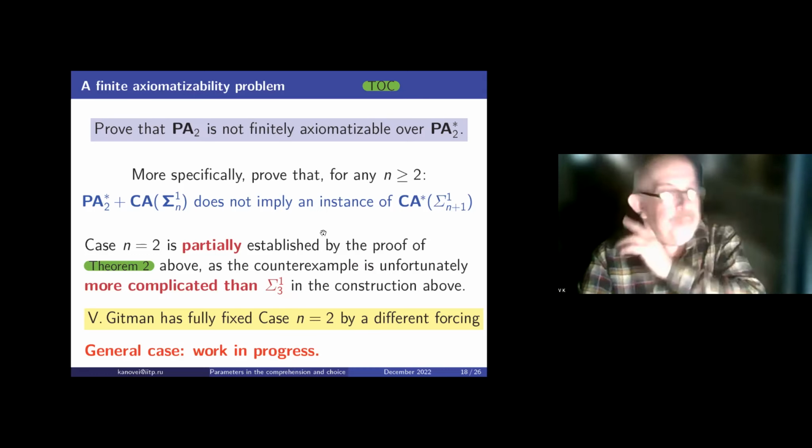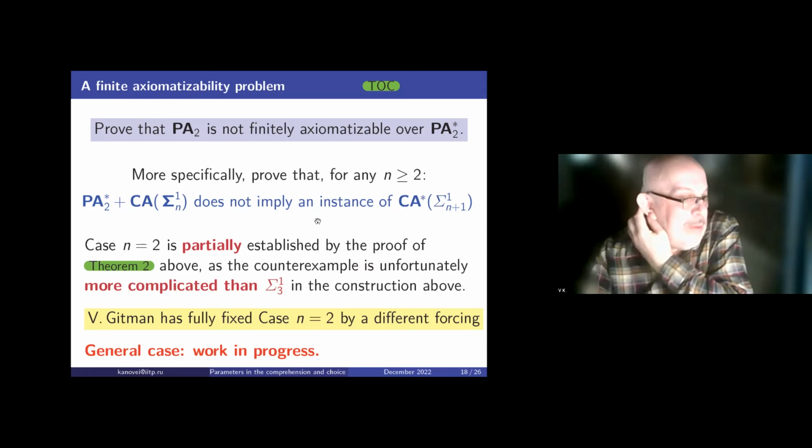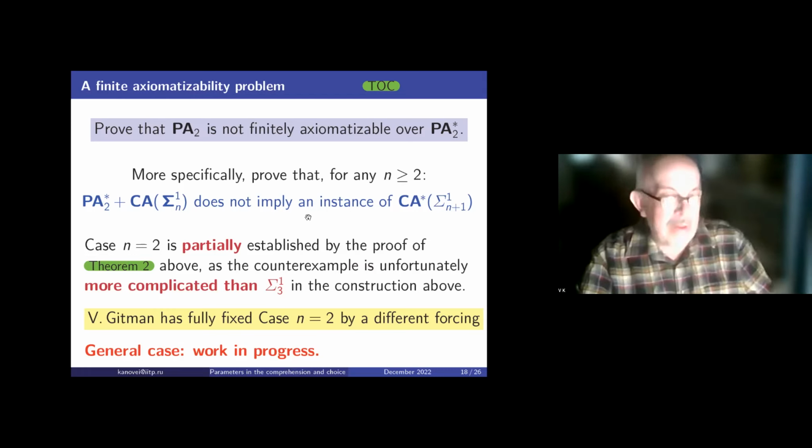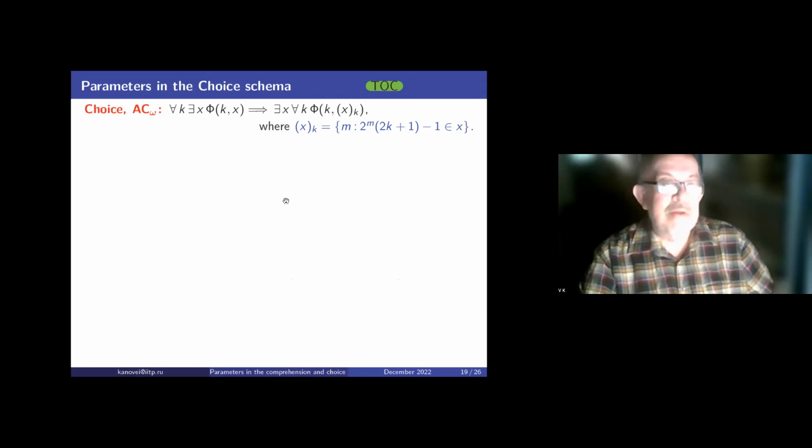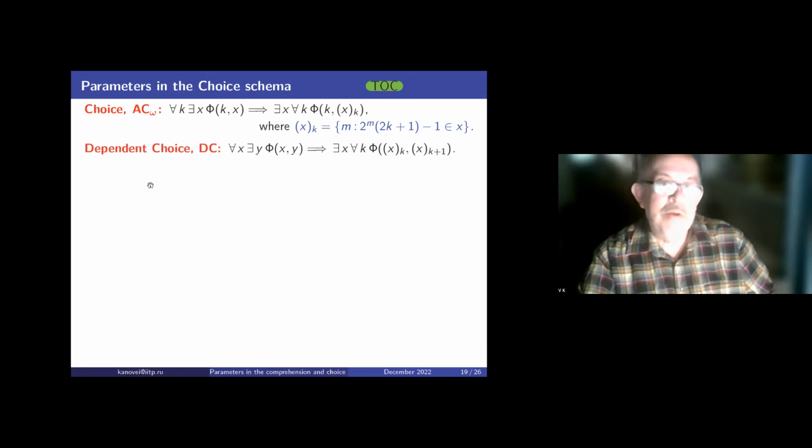Well, I would like to finish within an hour, so let me very briefly consider some results about the axiom of choice, countable choice, and dependent choice.